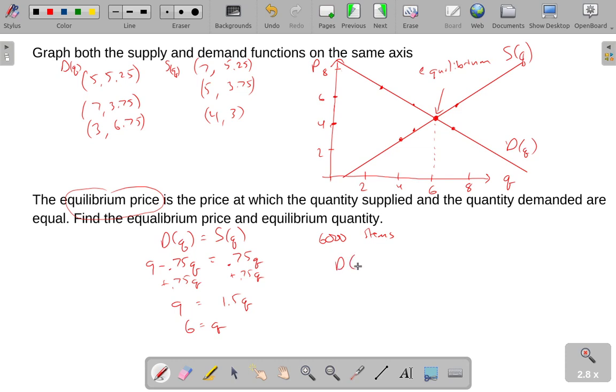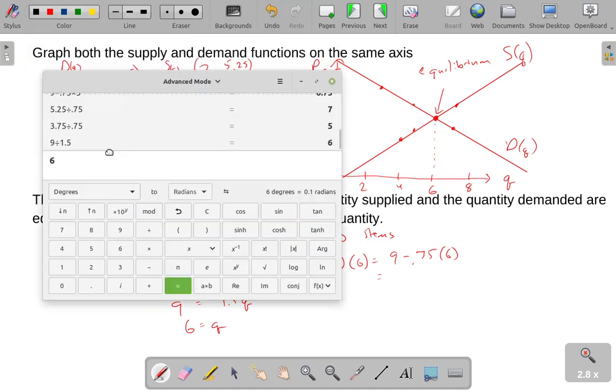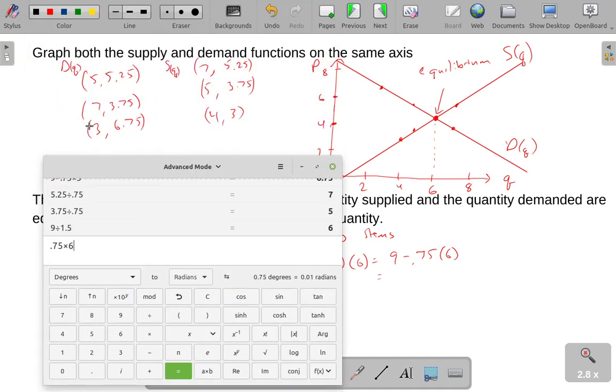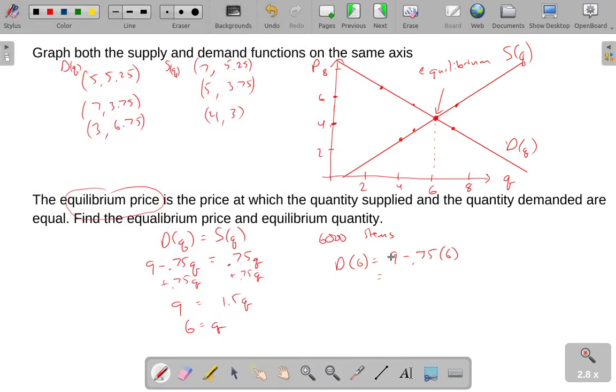If I plug in, D of 6 is 9 minus 0.75 times 6. 0.75 times 6 gives us 4.5. So I end up with 9 minus 4.5, which is 4.5. That's a price, so that would be $4.50.